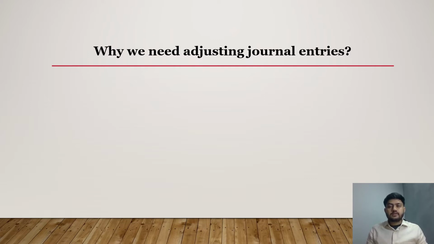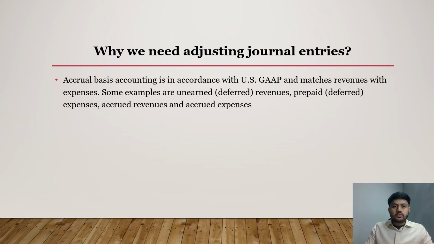So revenue for January would be booked in January only, but even if you have paid rent related to January month on 31st December, you have to book expense for that rent in January itself, because here you have to match revenues with expenses. So revenues are booked in January and expense would also be booked in January itself. Let's read out. Accrual basis of accounting is in accordance with US GAAP and matches revenues with expenses.